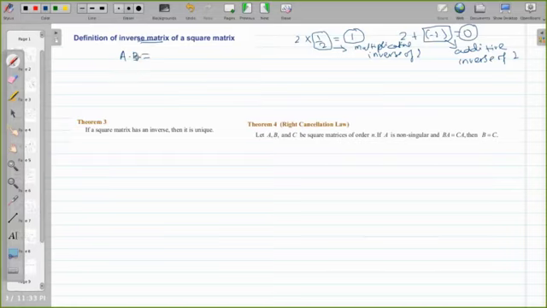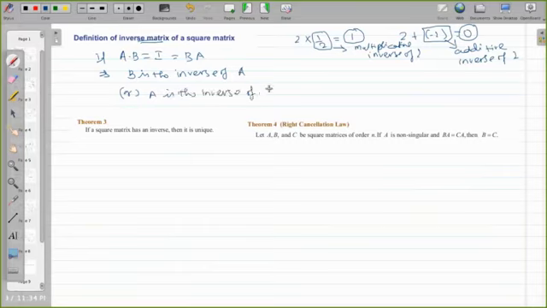Similarly, children, when I multiply two matrices, if I get the identity matrix, even I can write BA also, this happens, it means if the product of two matrices gives you the identity matrix, we can say that one of the matrices is the inverse of the other. B is the inverse of A, or A is the inverse of B. Children, this means B is equal to A inverse.